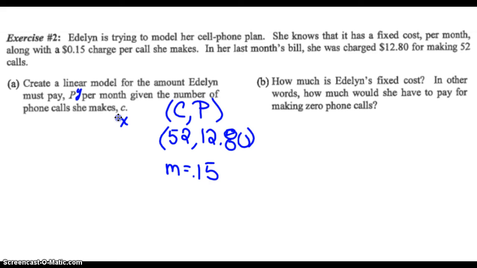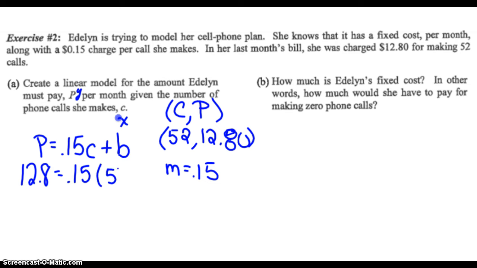So if I go to set up slope-intercept, I'd have P equals 0.15C plus B. Now I can solve for B, and I will plug in 12.80 for my P, 0.15, and my C is 52, and that would allow me to solve for B. So the first thing I would do is multiply these two together, and I will get 7.8 plus B equals the 12.8.